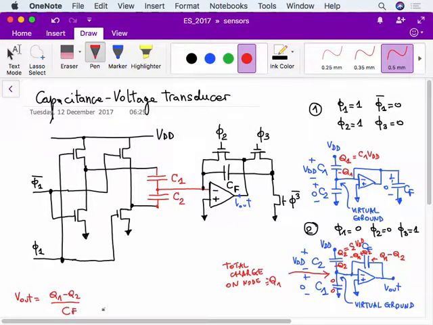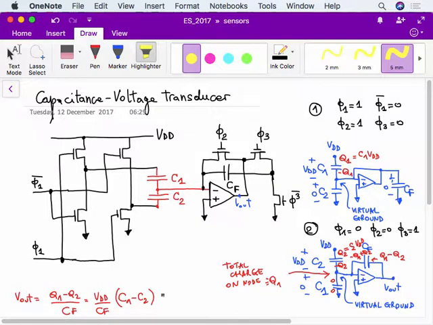But Q1 is C1 VDD, and Q2 is C2 VDD. So we can put VDD out of the equation and have C1 minus C2. And this is the transduction that we needed.